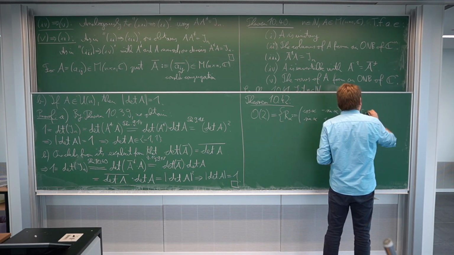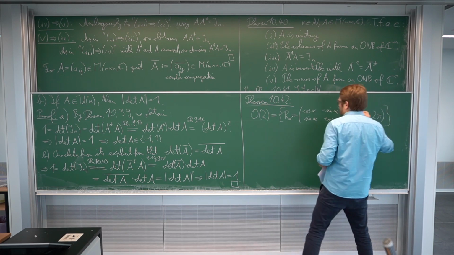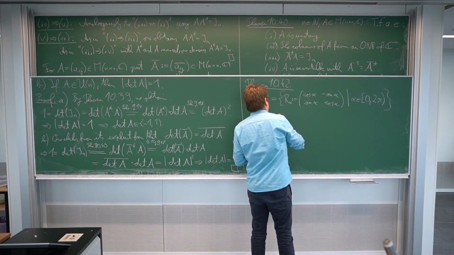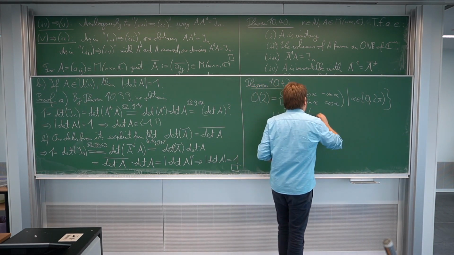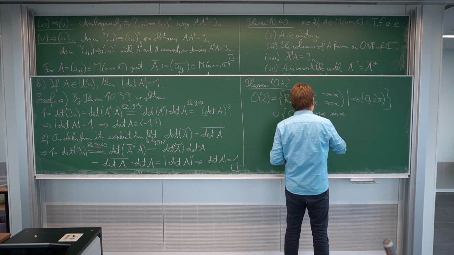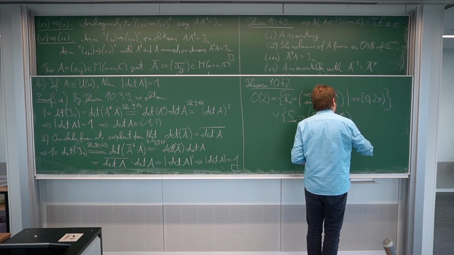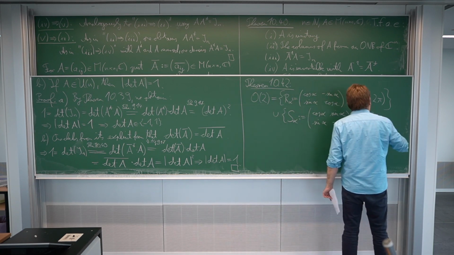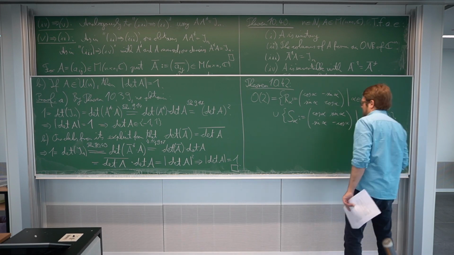Alpha is now somewhere between 0 and 2 pi. And the union of this with one other type, which I will call S alpha. And this looks almost the same. Here we have cosine alpha, sine alpha, sine alpha, and minus cosine alpha down there. And alpha is again between 0 and 2 pi.